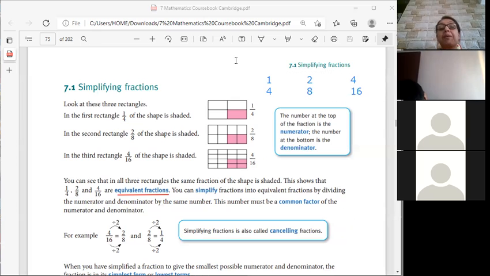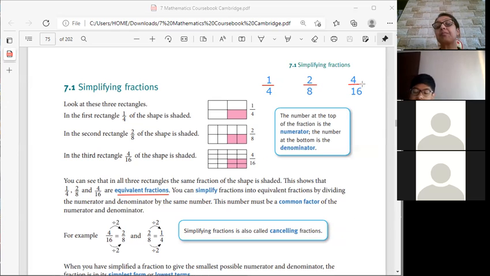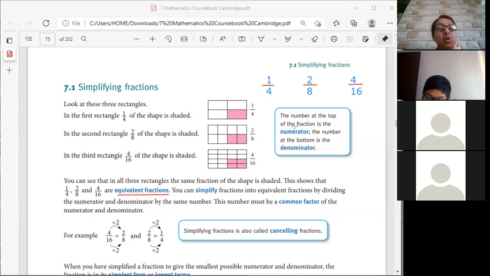For example, if I have to reduce it, I'm not multiplying it, I'm reducing it. Now 1/4, can it be further reduced? No, it is in its lowest term.